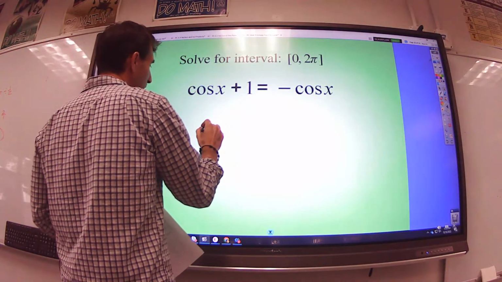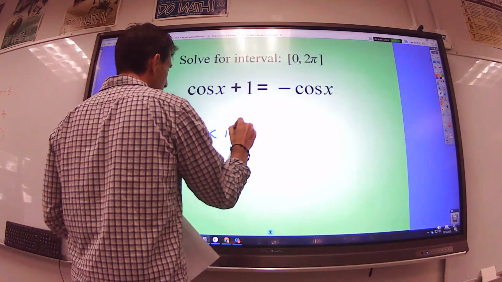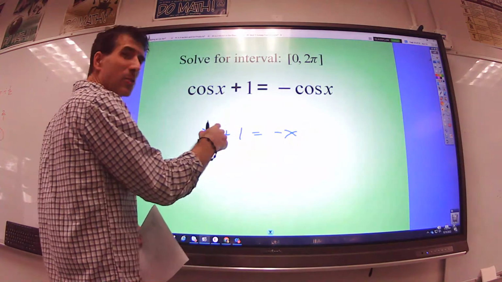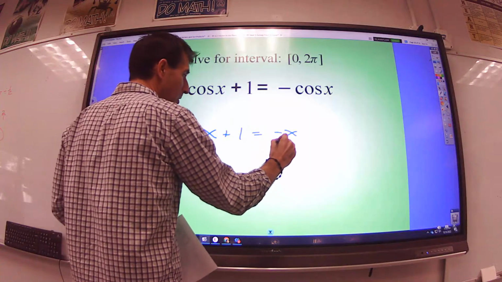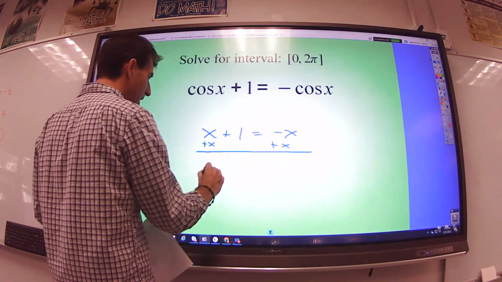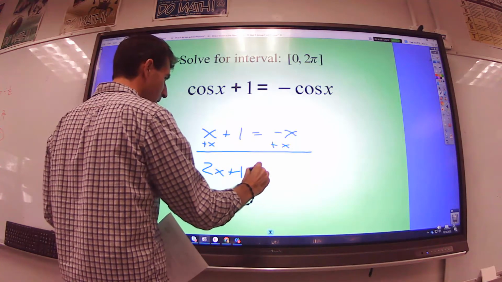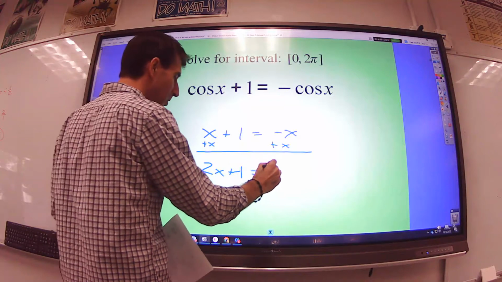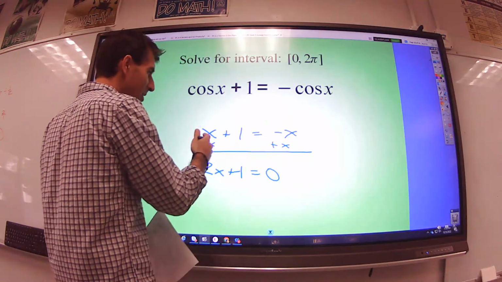Let's do Godzilla time. If I say x plus 1 equals negative x, I got 2 x's. What would I do? I would get rid of this x and add x on both sides and say 2x plus 1 equals, what goes on this side? 0.